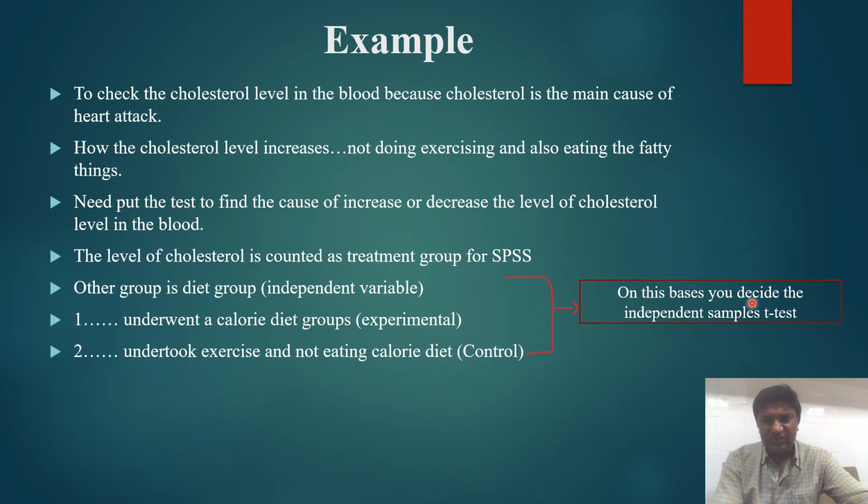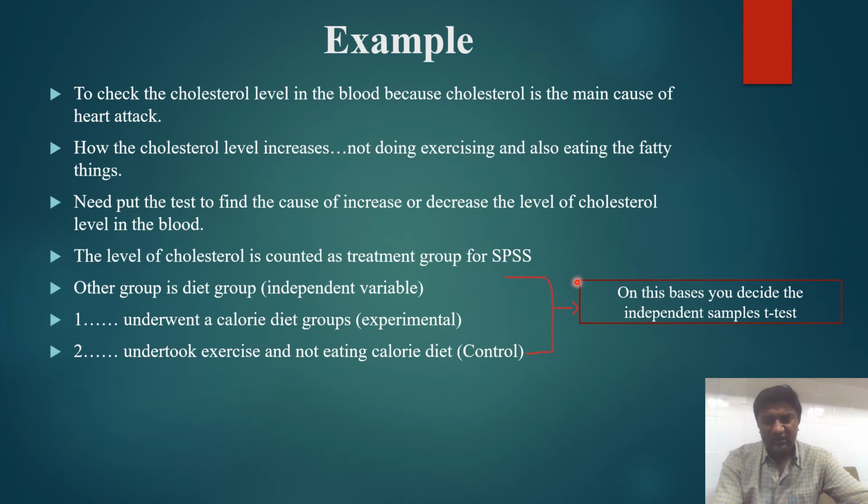On this basis, you decide that this is an independent samples t-test, because these two groups have no relation to each other; they do not depend on each other. So on the basis of these two groups, you should apply the independent samples t-test.